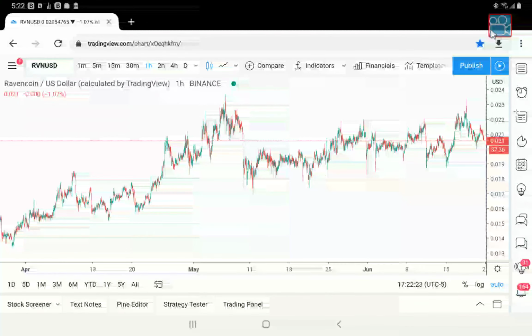Hello. In this video, I'm going to talk about the latest module to the Jackrabbit tool chest. After 2 months of constant work and analysis, Jackrabbit now has its own internal dollar cost averaging.